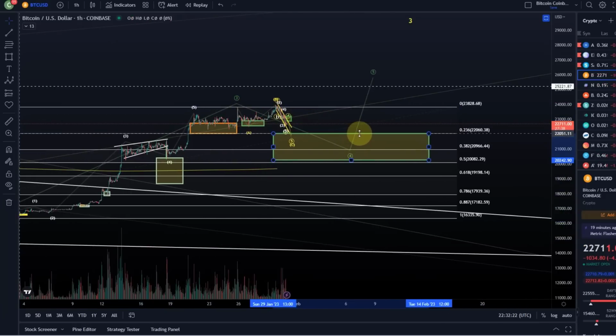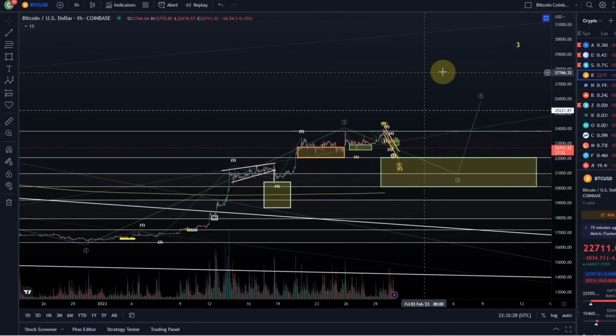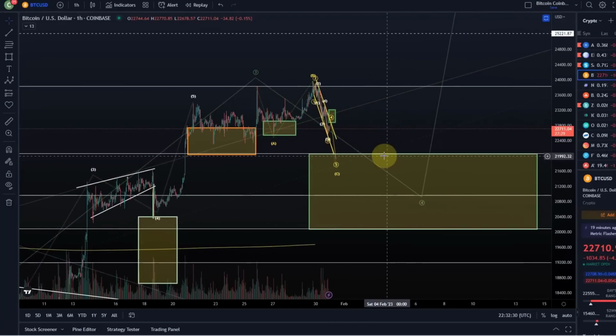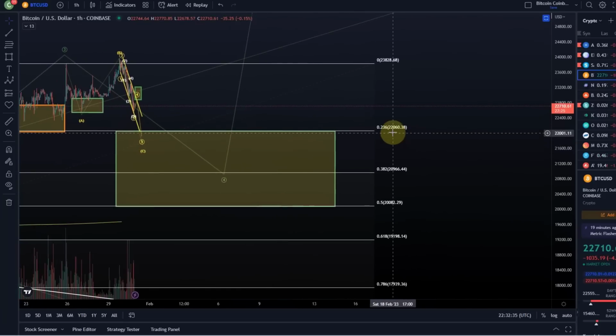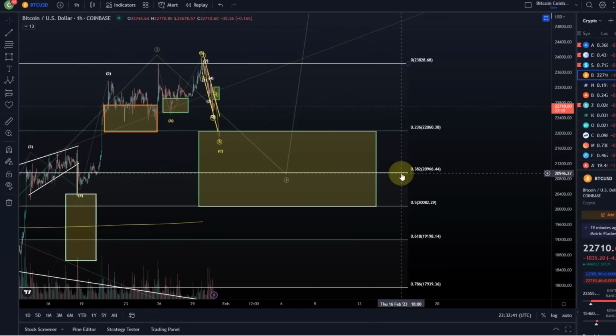So between, let's say, 22,060 is now support, and let's call it 20k. Okay, so moved that box slightly, and these are the key levels. 22,060, the 23.6 fib, 20,966 is basically the ideal target for this green wave 4.